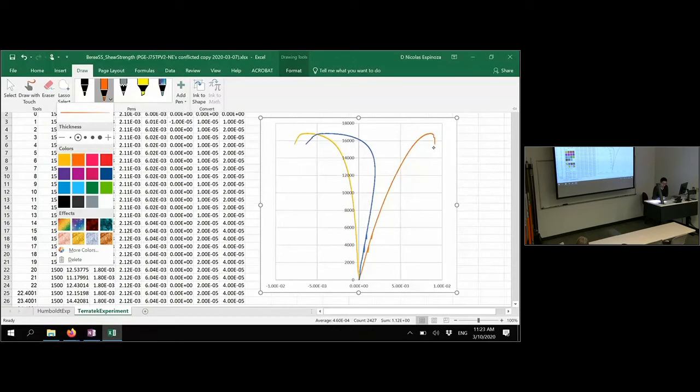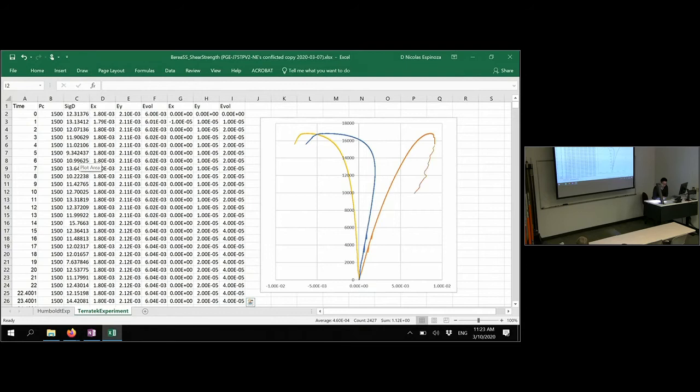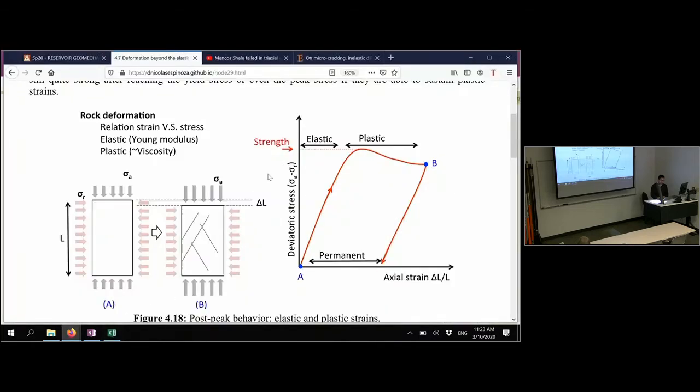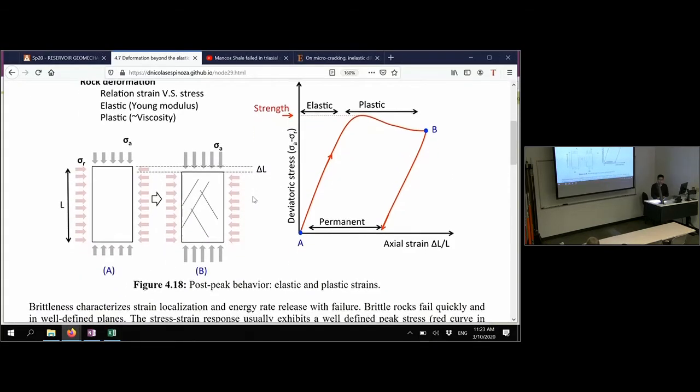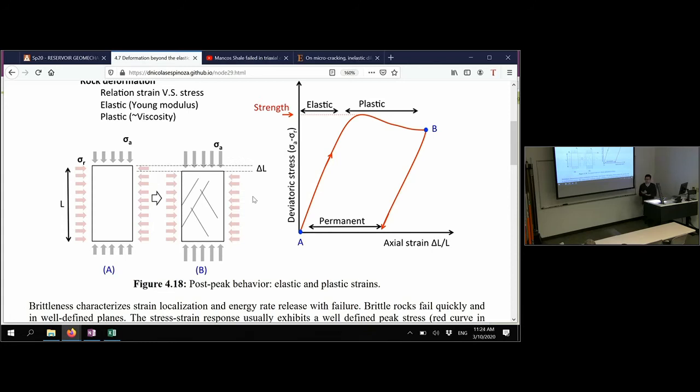So if I were to unload this one, probably it would look something like this, where the difference between this and that will be all the deformation that you cannot recover, that was plastic. And why can we not recover it? Because the rock has actually failed inside. Probably some bonds were broken or some grains were crushed, but it cannot be recovered.